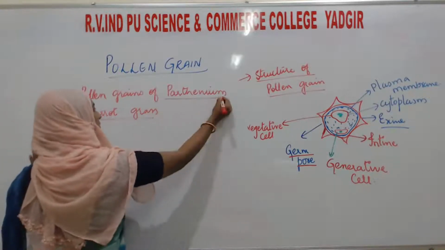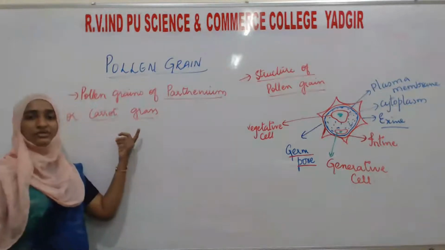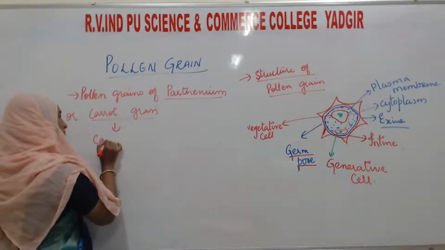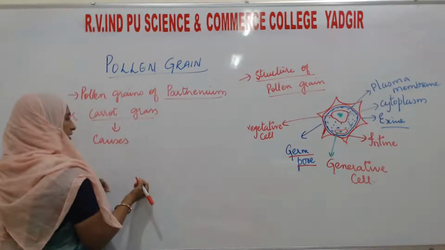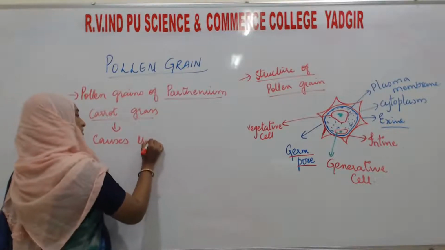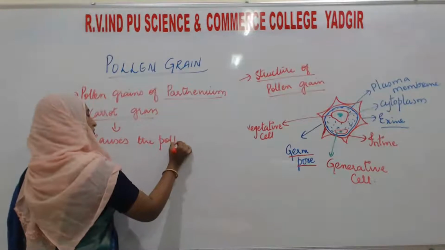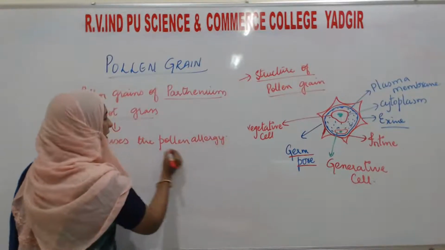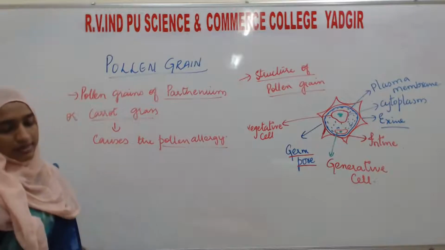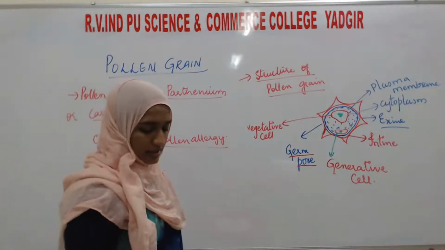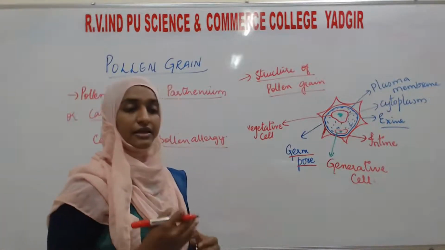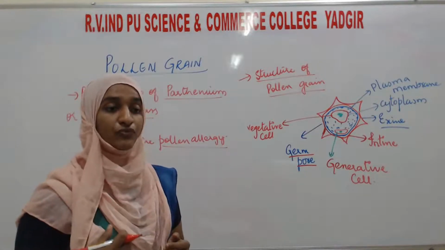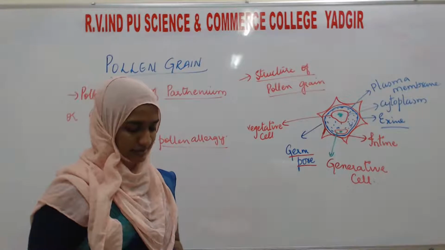The pollen grain of this plant causes pollen allergy. Which one? That is the Parthenium or carrot grass. So this Parthenium came to India while wheat was being imported from other countries.